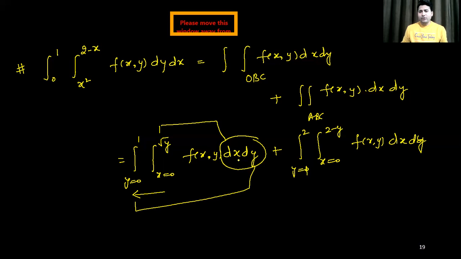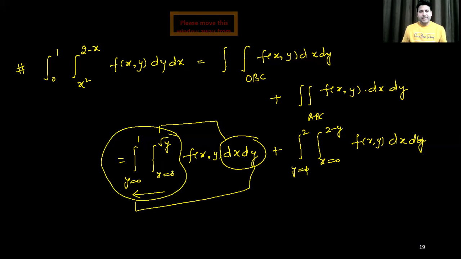If you find different notation like dy dx in place of dx dy, that will also be correct. Only focus on the limits of integration. They should be written in a correct manner and put in the correct places. So this is how, students, we can do the change of order of integration. I hope you understood the concept of it.